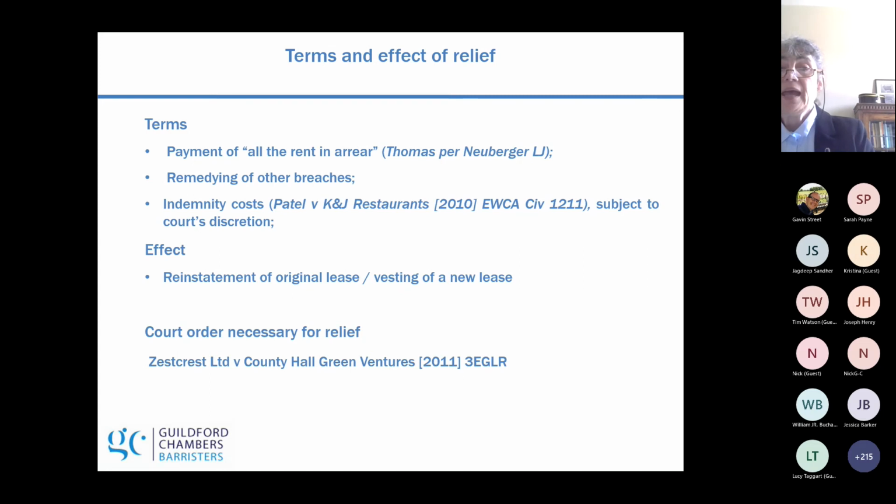In Zestcrest Limited and County Hall Green Ventures, which is a county court case but nonetheless useful to know, the parties had agreed that relief should be granted, but the tenant had argued that the landlord was being unreasonable in requiring a court application. The court held that the landlord was entitled to indemnity costs of the formal application for relief against the tenant.